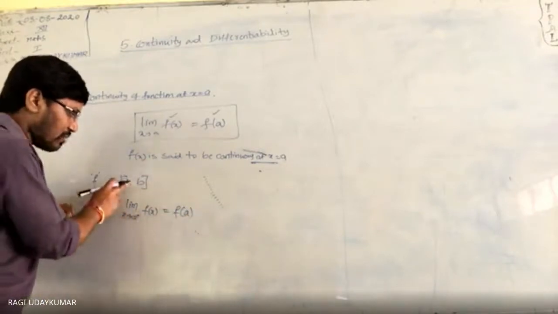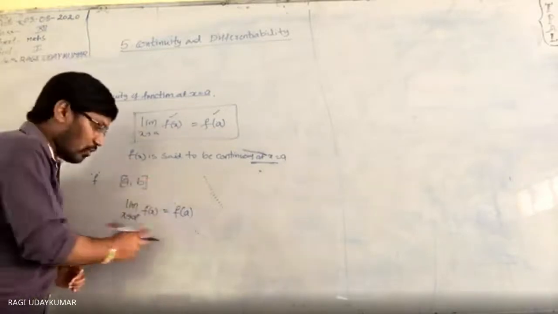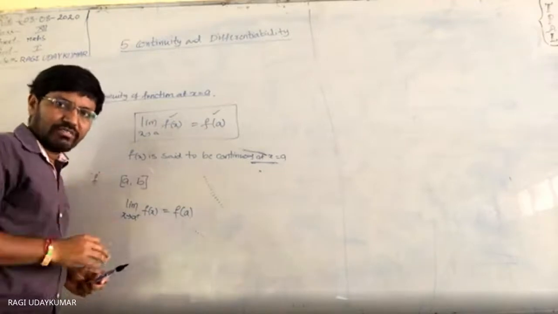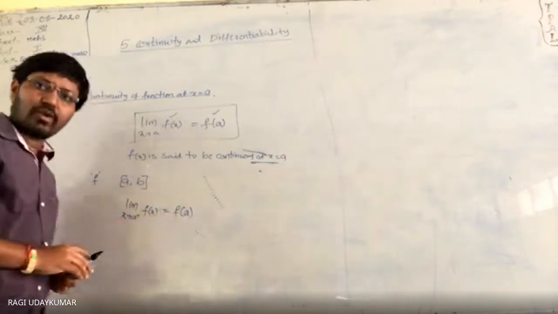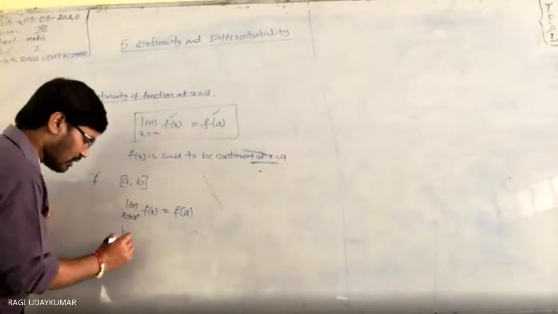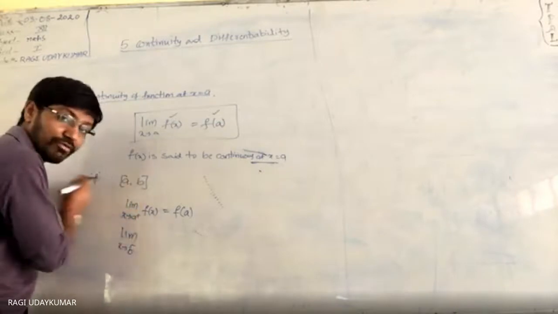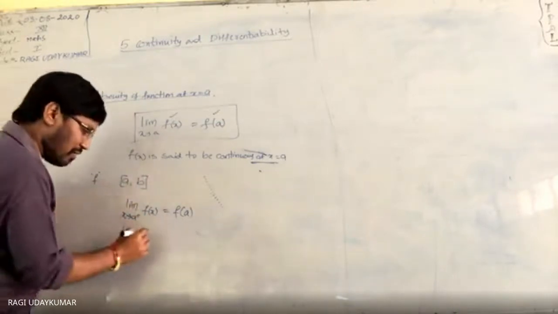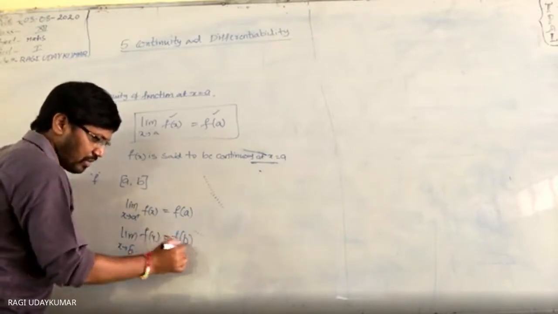a plus is nothing but the right side of a. We call this a right hand limit, which you have already learned. So limit x tends to a plus of f of x is equal to f of a, and limit x tends to b minus, b minus is nothing but the left side of b, of f of x is equal to f of b.